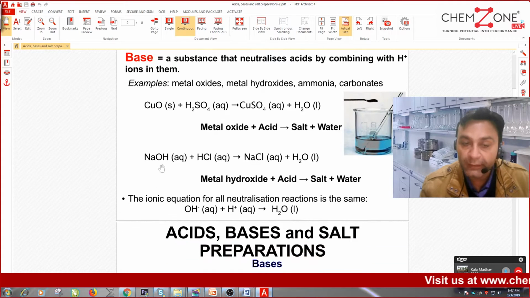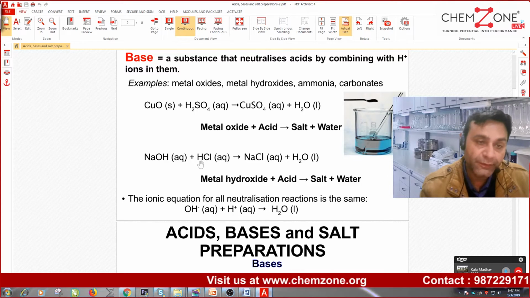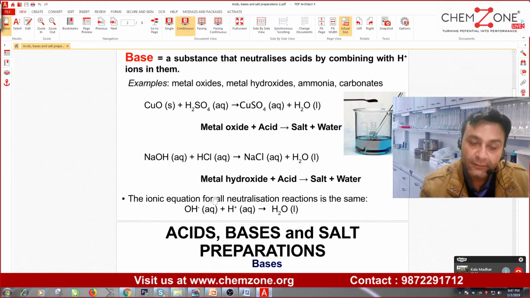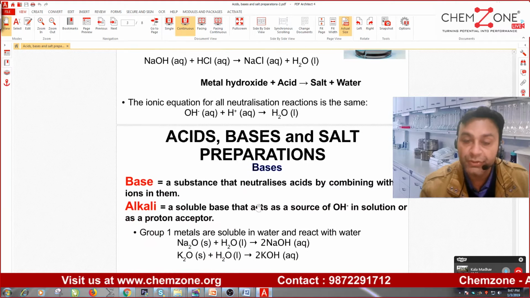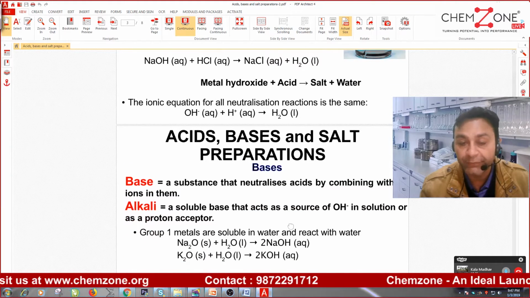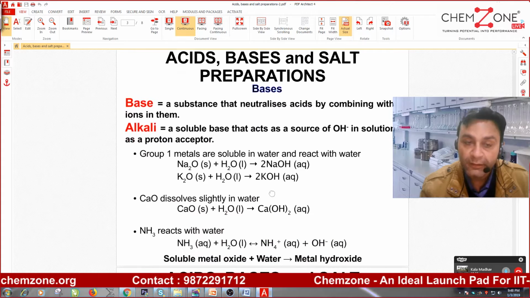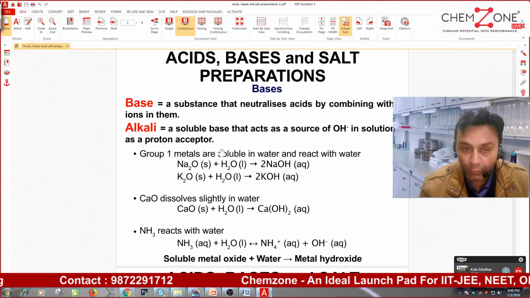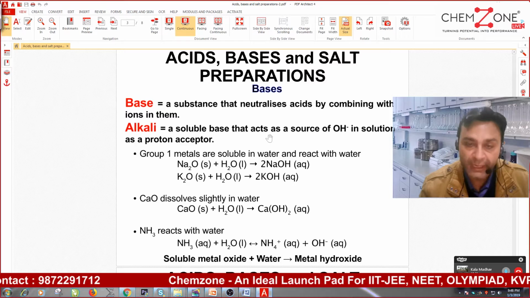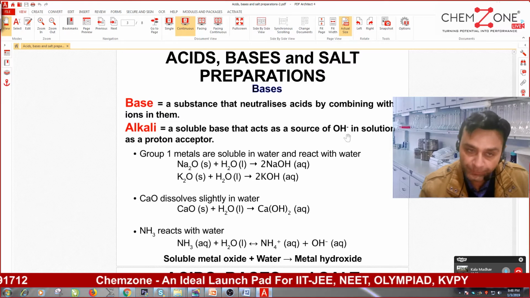Sodium hydroxide is a base here, because they combine with the H positive ion of the acid. So a base is a substance which neutralizes the acid by combining with H positive ions, whereas an alkali is a substance which acts as a source of OH in the solution.